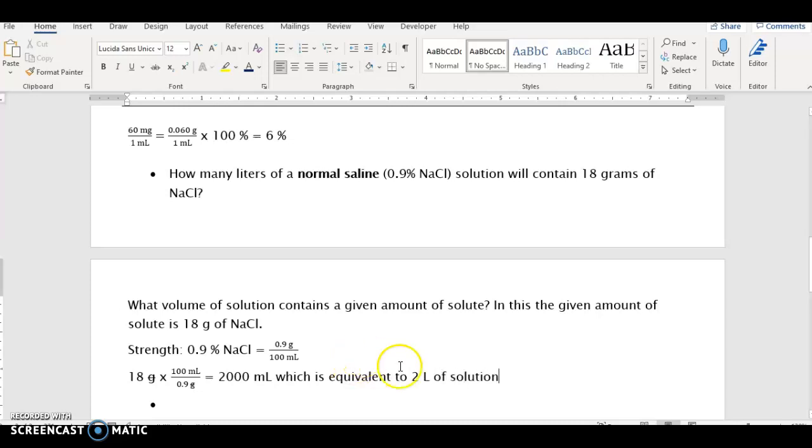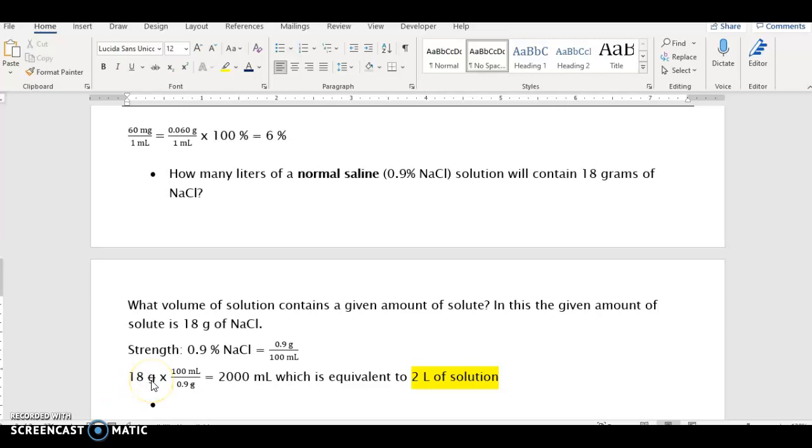So 2 liters of the normal saline will contain 18 grams of our solute, sodium chloride, or in other words, 2,000 milliliters will contain 18 grams of the solute. The problem does say, how many liters? So 2 liters of the normal saline solution will contain our 18 grams of sodium chloride.